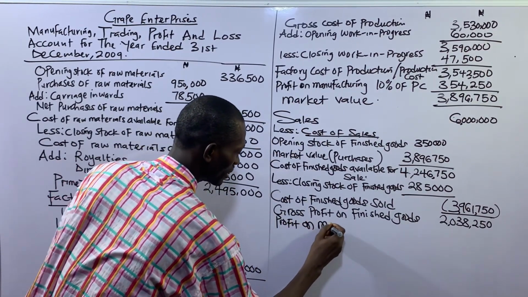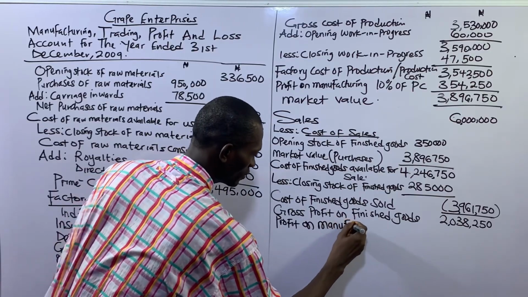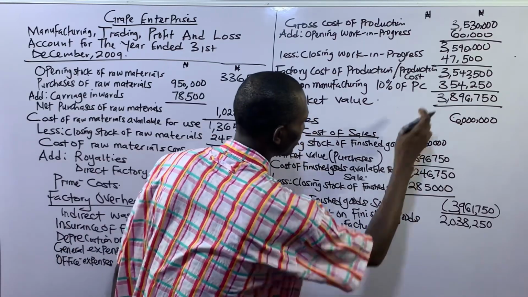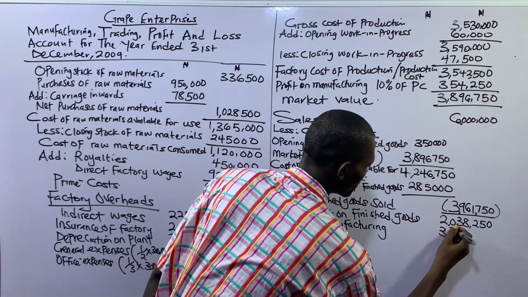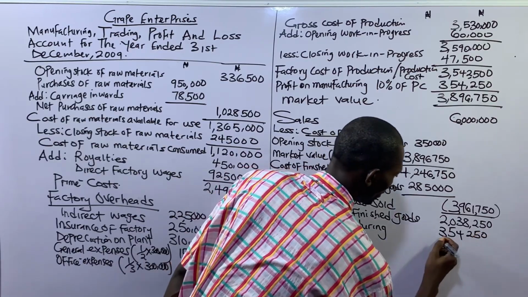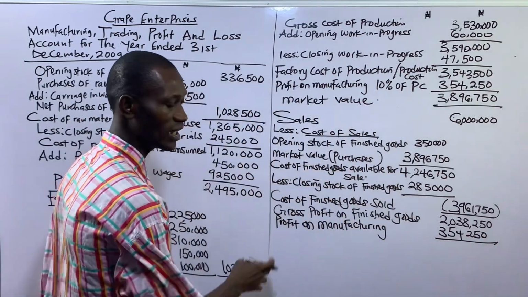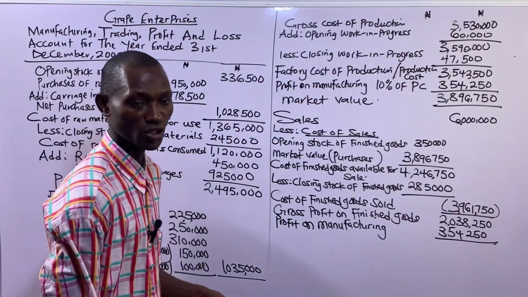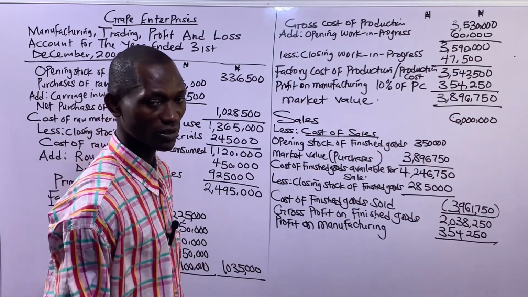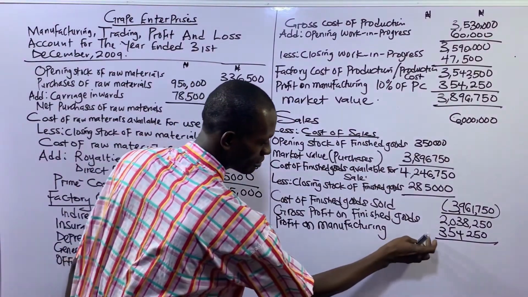So profit on manufacturing is 354,250. Then when we add the two, if there are any other incomes like discounts received, commission received, interest received, rent received, decrease in provision, and all that, you are going to add it before you close it.